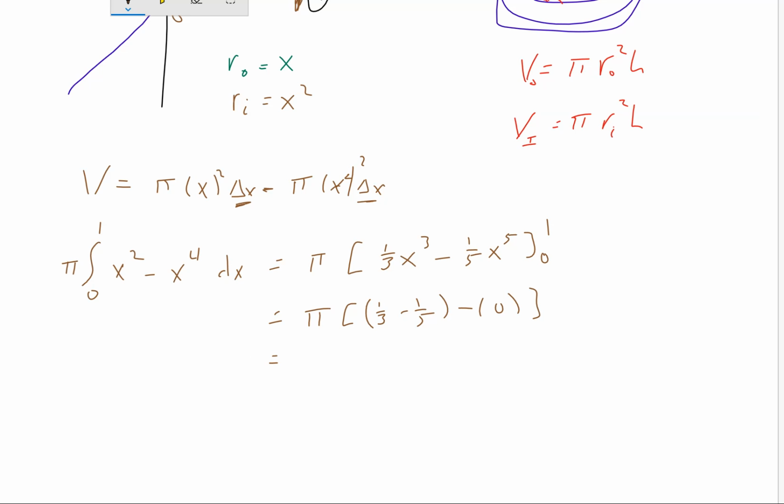And let's see, getting my common denominator, that's going to be 5/15 minus 3/15. So that's going to be a 2/15 times pi. And our volume then is 2 pi over 15.